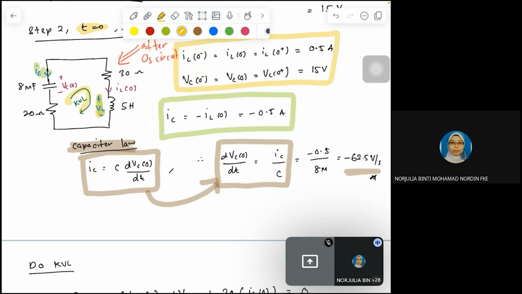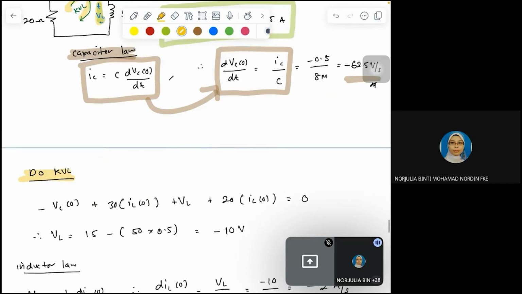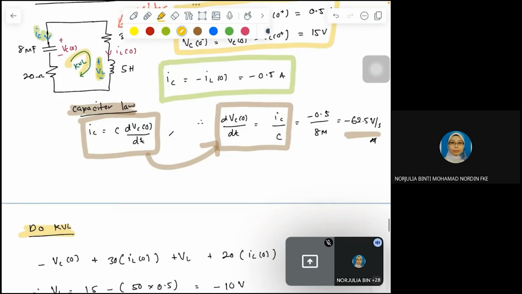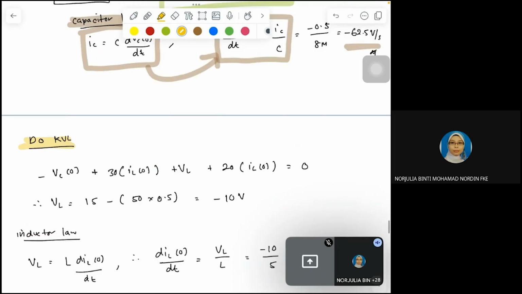So do the KVL: negative V across capacitor plus V across the 30 ohm plus V across the inductor plus V across the 20 ohm. This is your KVL equation, and finally you will get the V across the inductor as negative 10 volts.